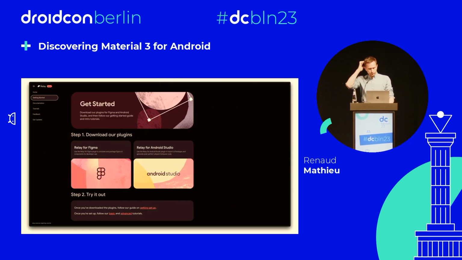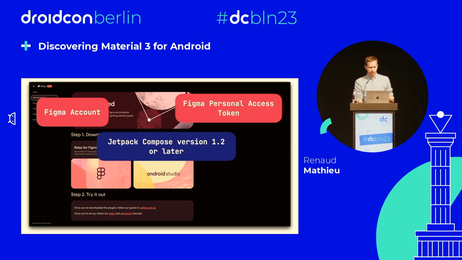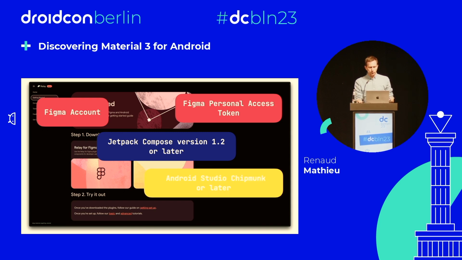So I think they did a good job, but as you might see, I will be a little bit opinionated on this. So if you want to use Relay, you have to have a Figma account. You have to have your Figma personal access token. You have to use Jetpack Compose version 1.2 or later. You have to use Android Studio Chipmunk or later.